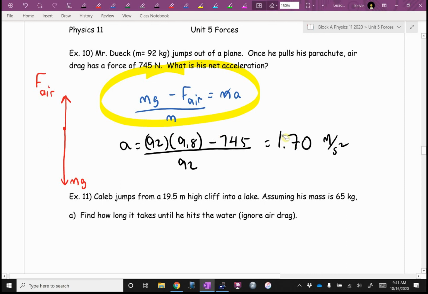And this acceleration would then be what as a number? That's terminal velocity. It doesn't mean that I'm flying. It just means I've stopped accelerating. But if I hit the ground at that speed, it would be terminal. Then, when I open my parachute, we'll look at that in another question.